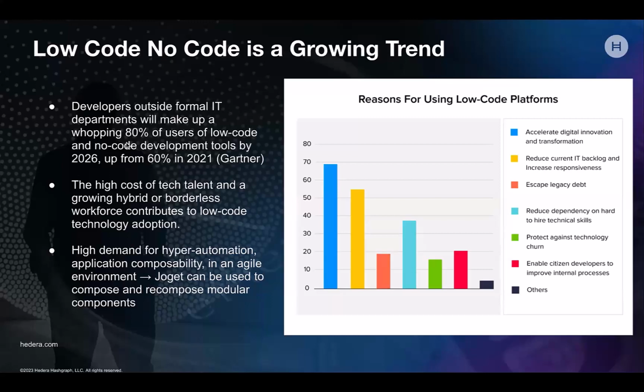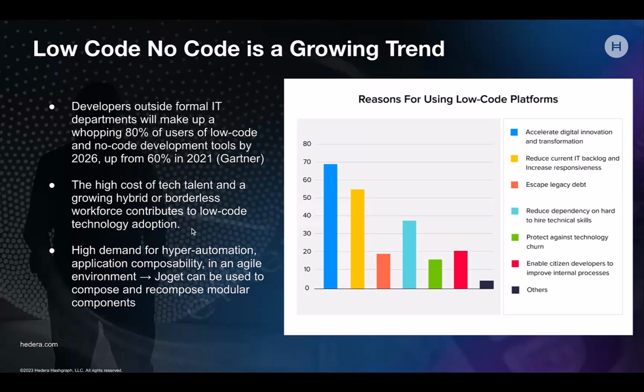And also, there's a shortage of tech talent. There's increasing needs. There are also trends that were started by COVID, like hybrid and borderless workforce, that are here to stay. And it's a lot easier to work low code if you're part of that workforce.